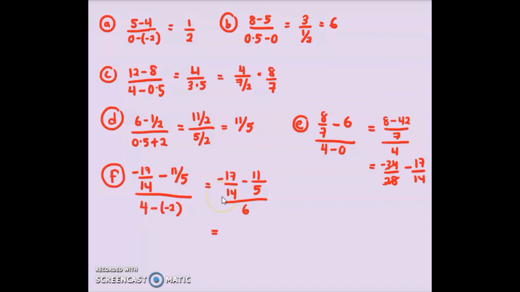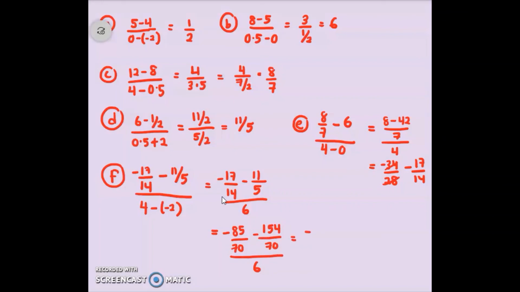That gives me negative 17 times 5, so I have negative 85 over 70, minus 11 times 14, negative 154 over 70, divided by 6.